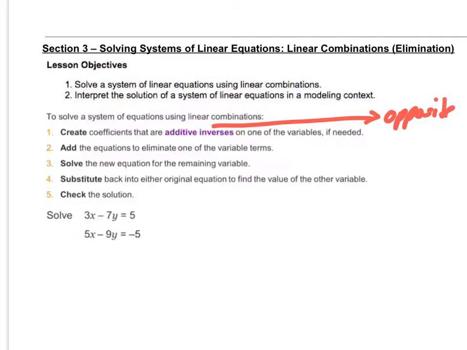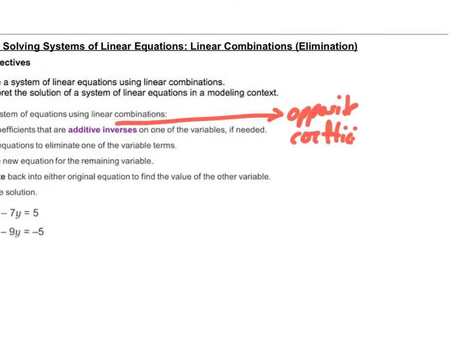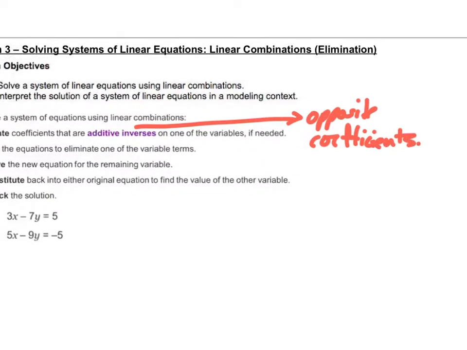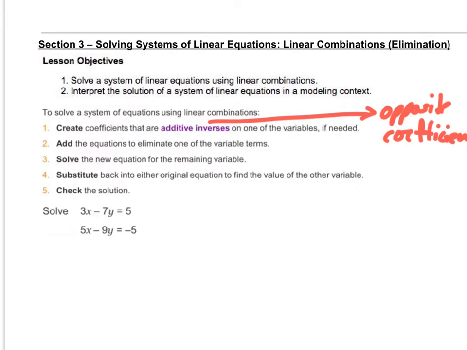Then we add the equations to eliminate one of the variable terms, solve the new equation for the remaining variable, and then substitute it back into the original equation to find the value of the other variable, and then we check our solutions.